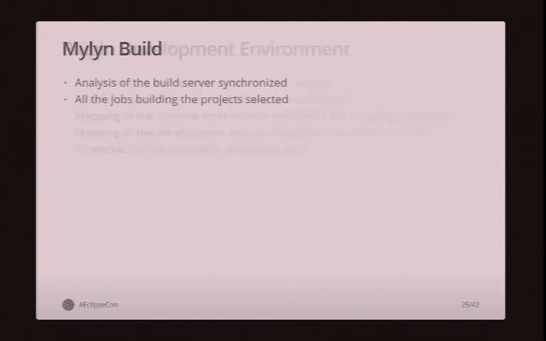The Mylyn Build connector is pretty straightforward. It will analyze all the build servers synchronized, and we will also analyze all the jobs building the selected project, because with Mylyn Build, we have access to the components that have been built. We also have the results from the execution of the unit tests.